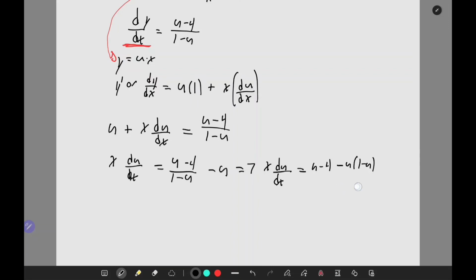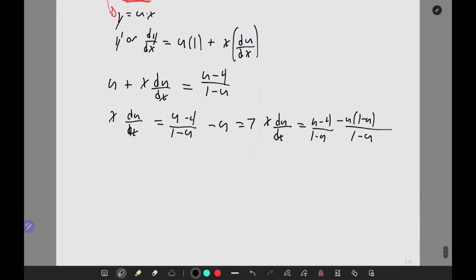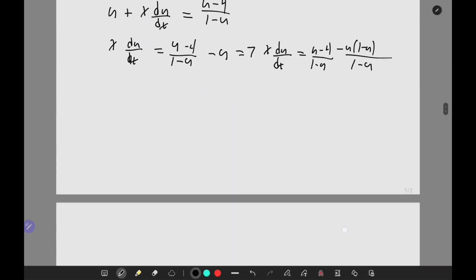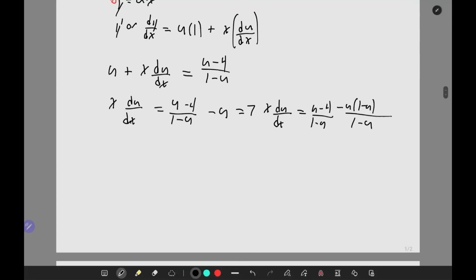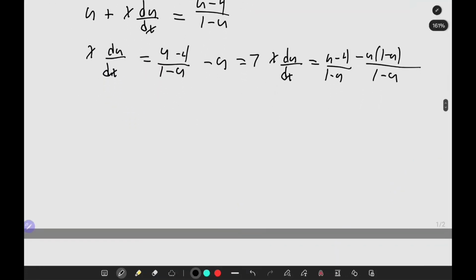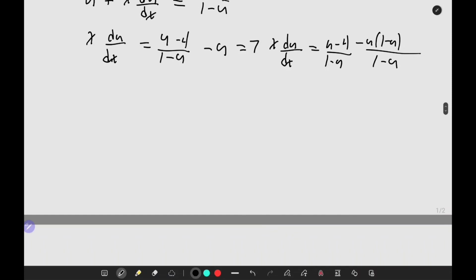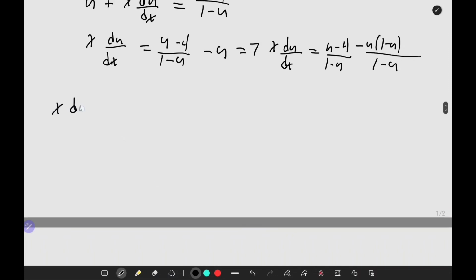Actually, to make this a little more clear, more algebra tricks. You'll notice that differential equations is a lot of algebra and a lot of algebra tricks. Especially as we go forward, a lot more tricks are going to happen. So now we can simplify this a little bit more. x du/dx is equal to u minus 4 minus u plus u squared, over 1 minus u. Oh, this is plus u squared.